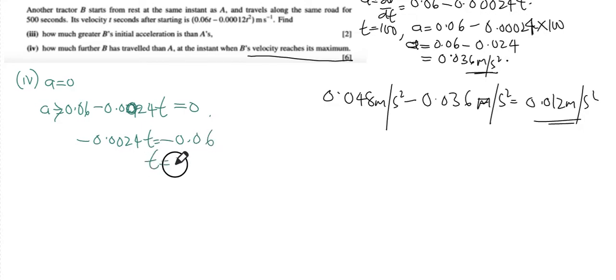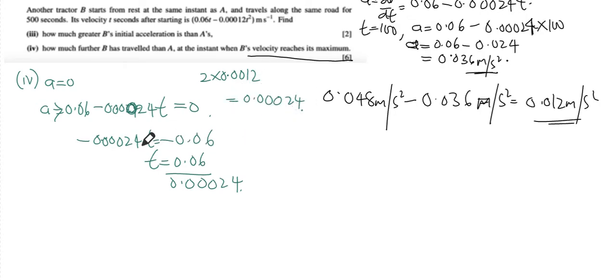So t equals 0.06 divided by 0.00024. Should be 3 zeros. So 3 zeros.